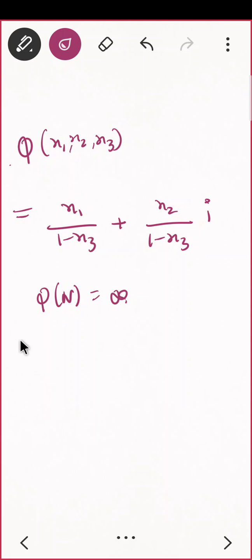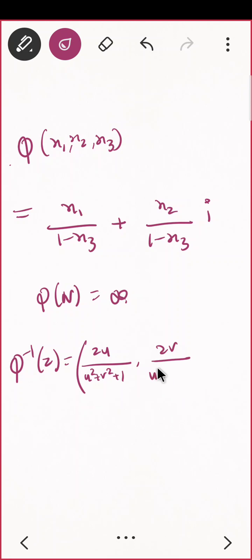And what is the inverse function? Phi inverse of z will give me a point on the sphere. Suppose z equals u plus vi, then it will be 2u upon u square plus v square plus 1, comma 2v upon u square plus v square plus 1, comma u square plus v square minus 1 upon u square plus v square plus 1.